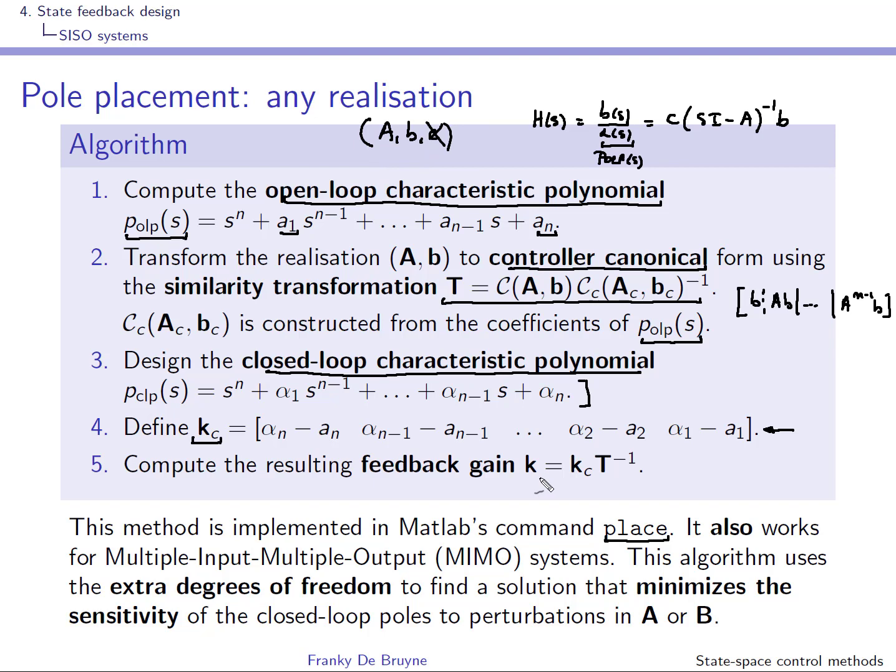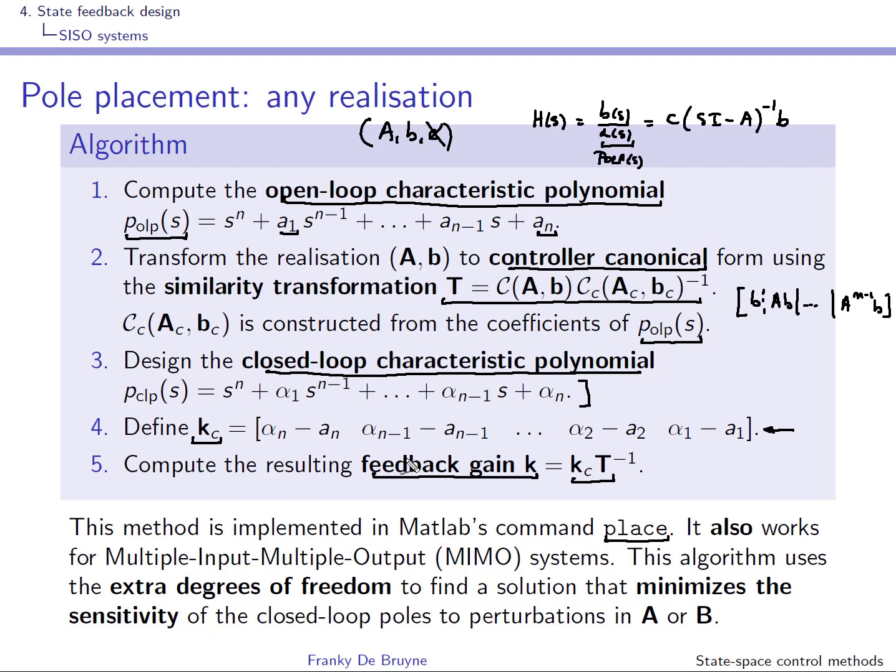So what we'll have to do is compute the state feedback gain k for the original system, and this is simply obtained by taking kc and multiplying by the inverse of the similarity transformation that we have used to bring the original realization AB into the controller canonical form. As I've said, this method is implemented in MATLAB's command place.